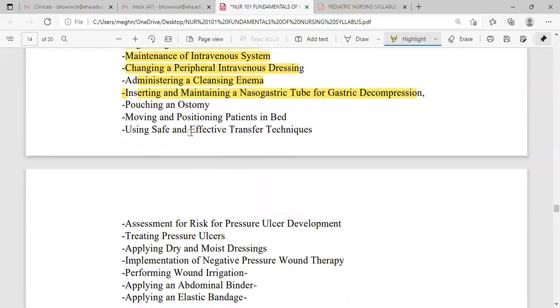Also, using ostomy or moving and positioning the patients in bed.